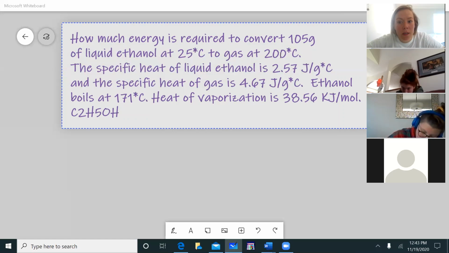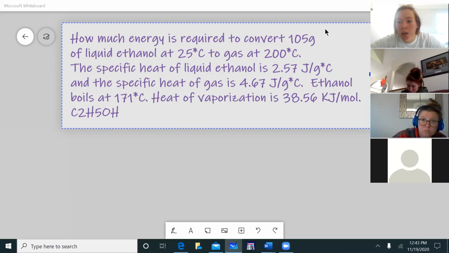I'm going to let you all keep working on the problem, but I'm going to draw my heating curve so that you can get an idea if you're headed in the right direction.